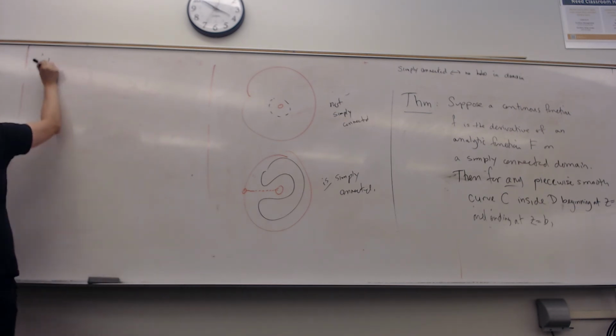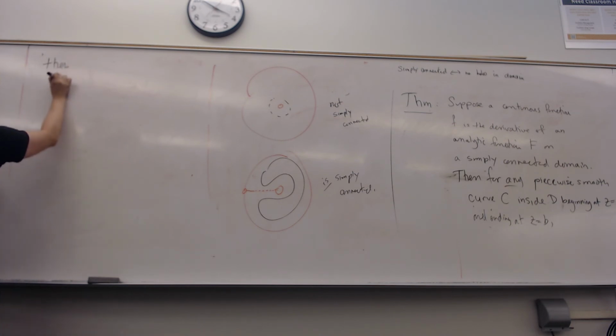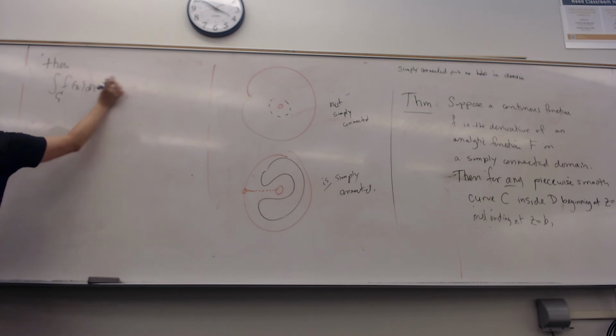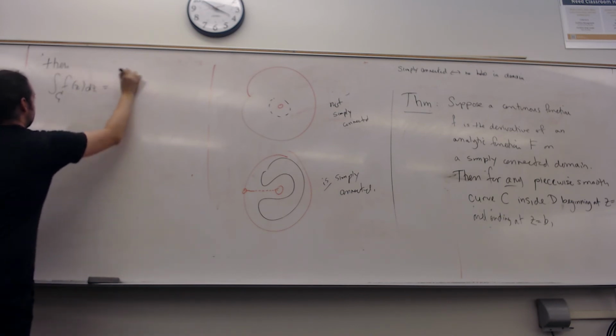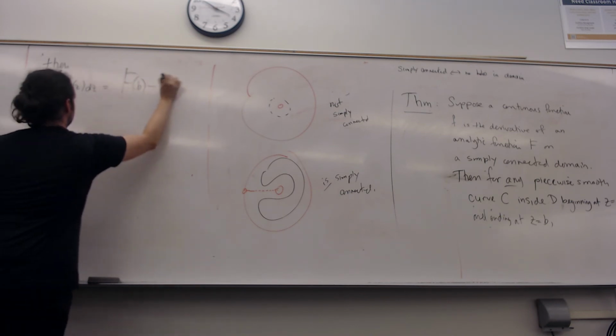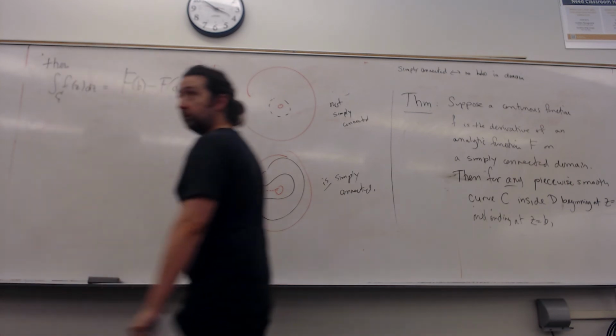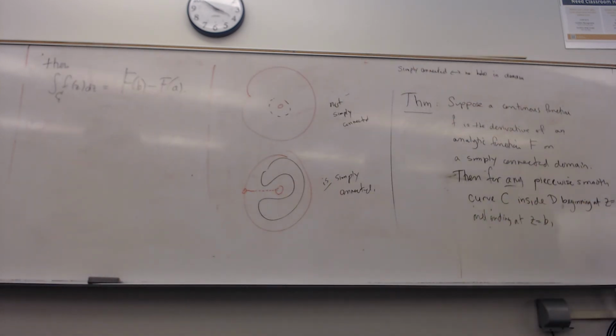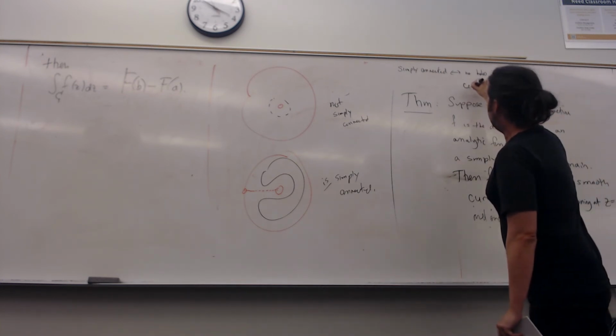Then the integral over C of f dz is F of B minus F of A. And these are the assumptions that we need to have in place to assert that we can use the complex FTC.